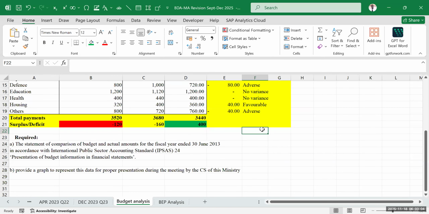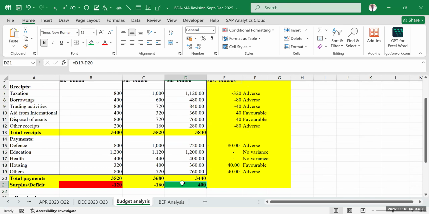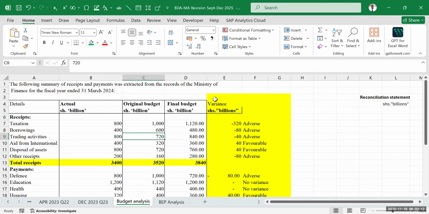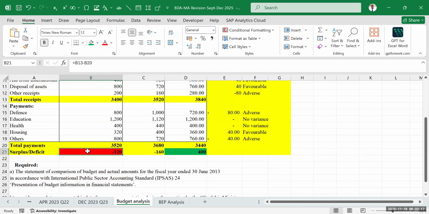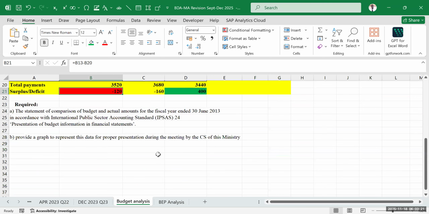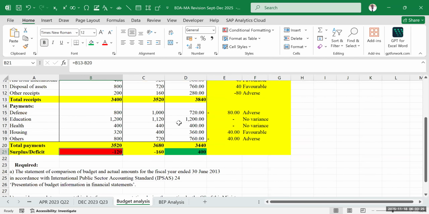So for us to reconcile and come up with this statement, we start from what we expected the reality to be. Then we work our way with what we've already analyzed here under variances so that we arrive at the current reality, so that whenever we are presenting this information to this good minister or the CS of this ministry, they're able to see that actually this is the reality we expected from the final budget.